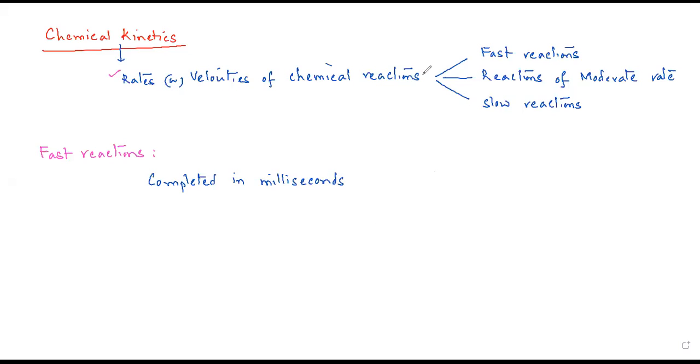Let us take an example. See, a precipitation reaction. In this reaction, when aqueous silver nitrate is treated with aqueous sodium chloride, a precipitate of silver chloride is formed in 10 power minus 4 seconds.